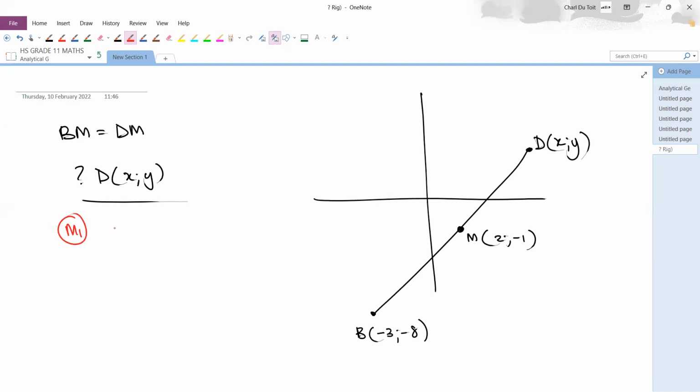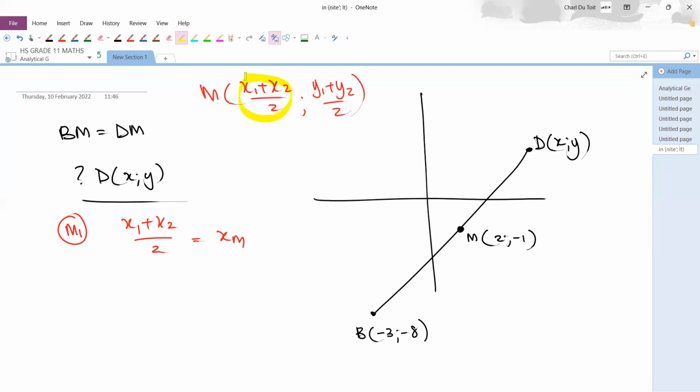So I'm going to use the midpoint formula. The one x plus the other x divided by 2 gives me the x in the middle. So your midpoint formula looks like this: x1 plus x2 over 2, and y1 plus y2 over 2.